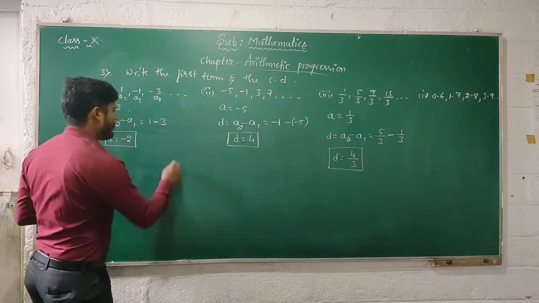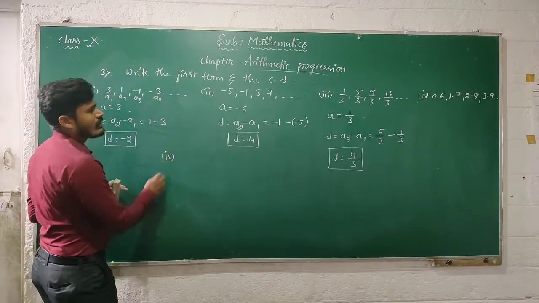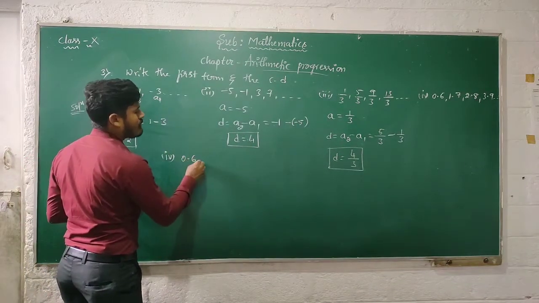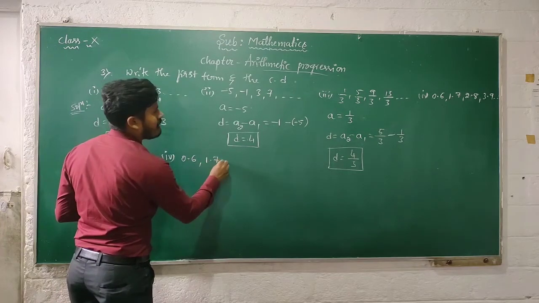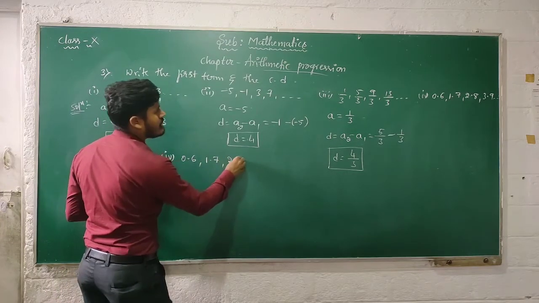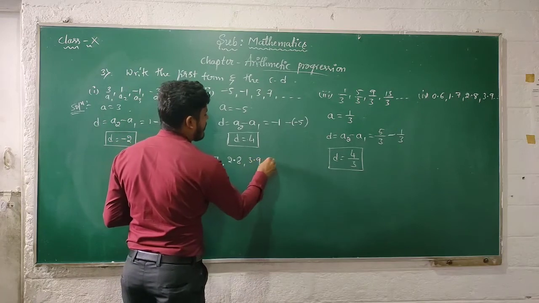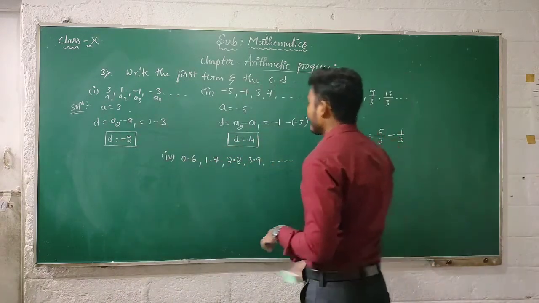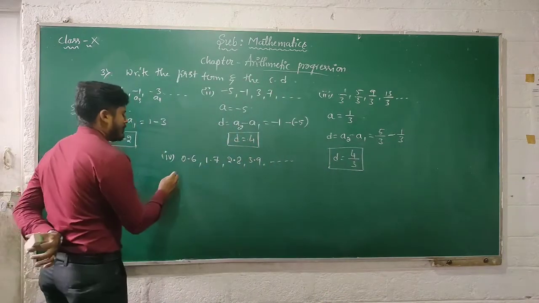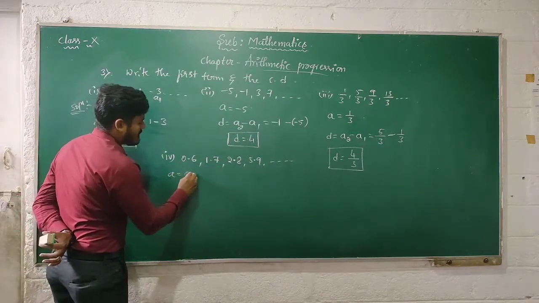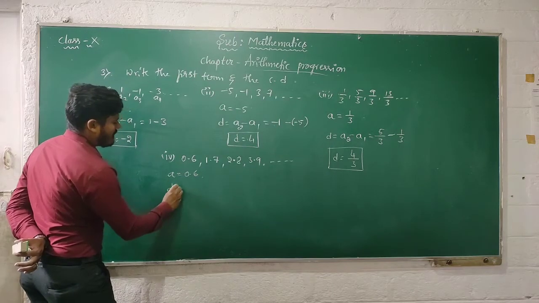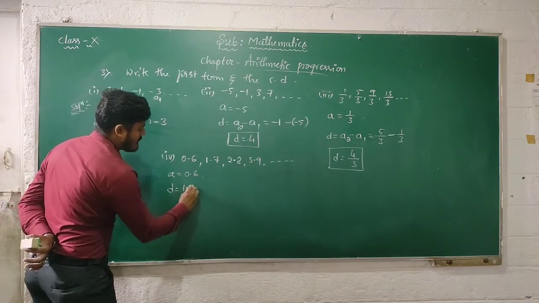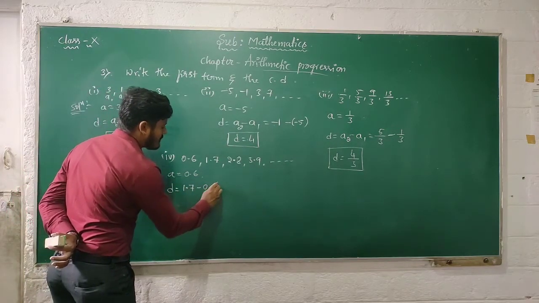So then the fourth one, 0.6, 1.7, 2.8, 3.9 and so on. So here the first term is 0.6 and the common difference is 1.7 minus 0.6.